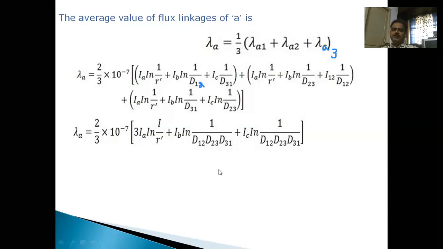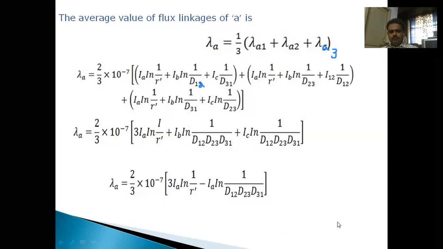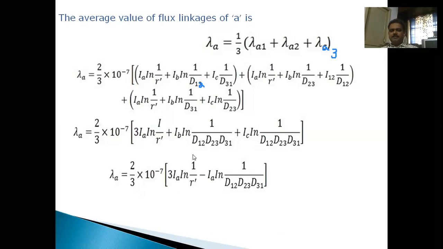So up to this equation, is it clear? Now the simplified form. Again we have, if we observe D12, D23, and D31, all the three terms, IC is having all the three terms, IB is also having all the three terms.